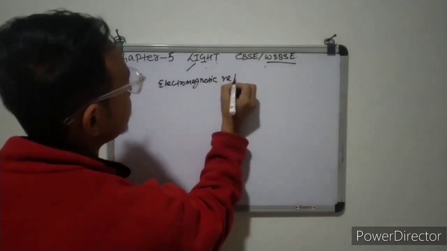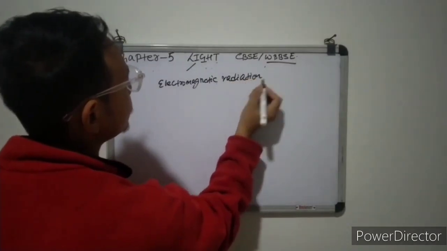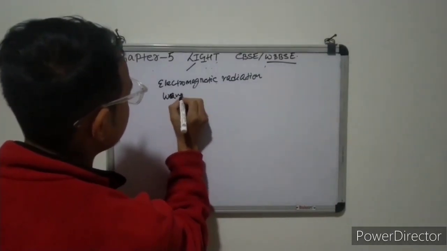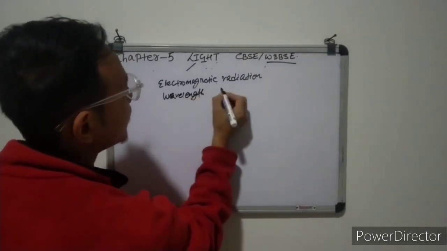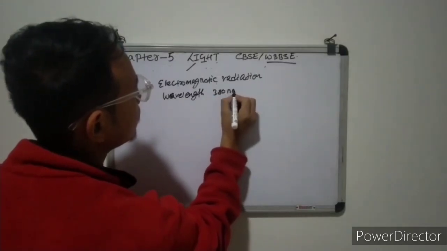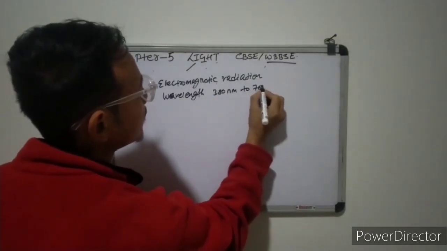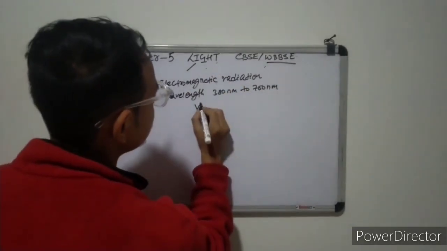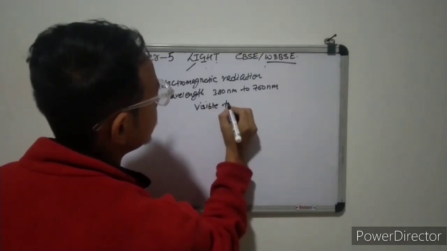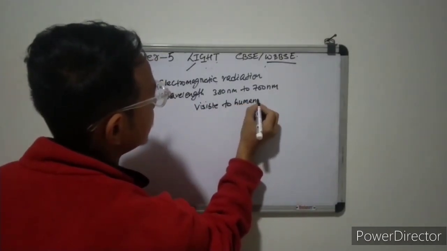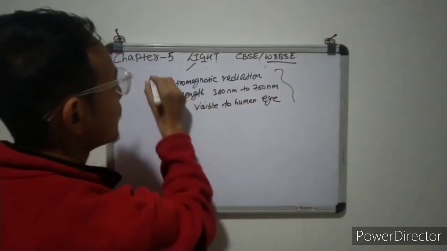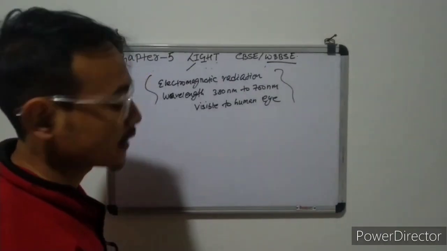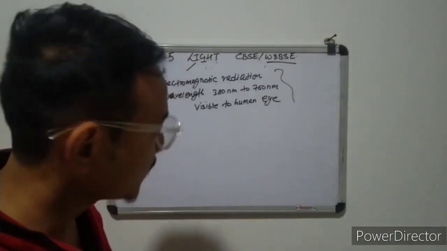Light is an electromagnetic radiation having a wavelength of 380 nanometer to 700 nanometer, and that light is visible to the human eye.